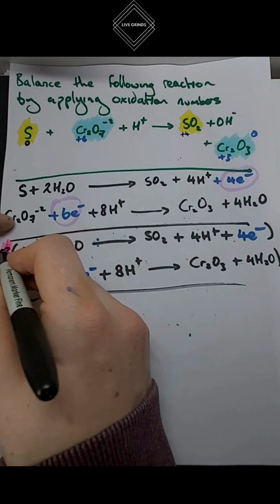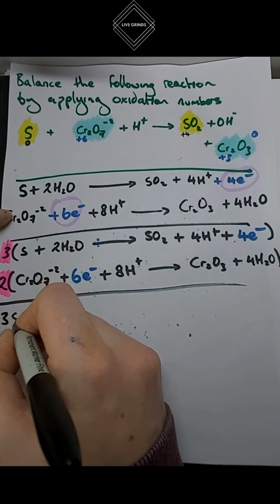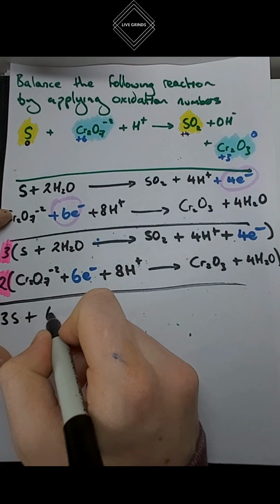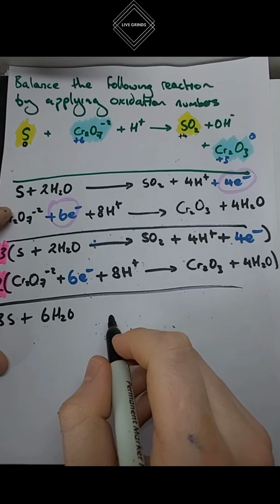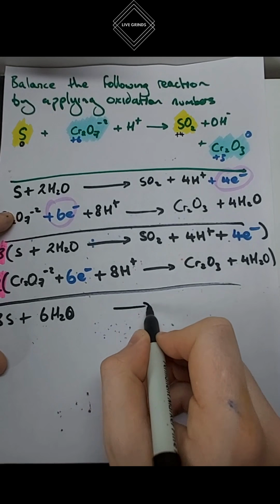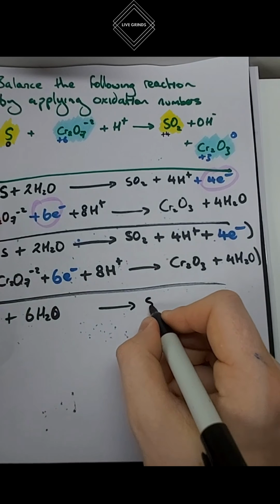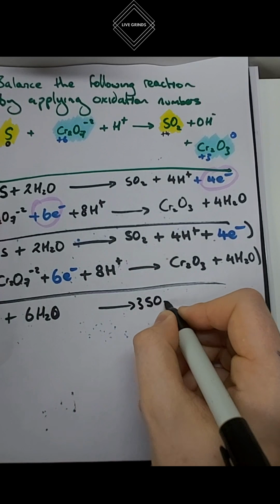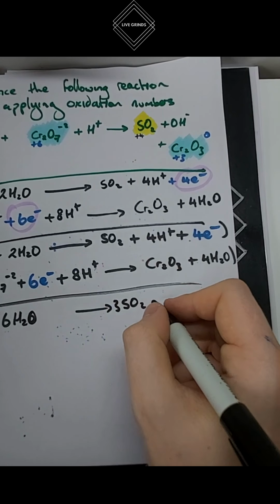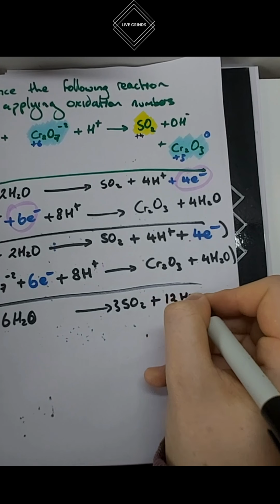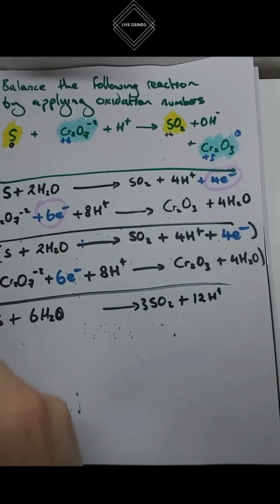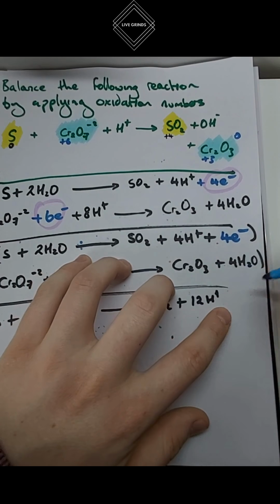So then I have 3 by S is 3 sulfurs, 3 by 2, 6 lumps of water. I'm left with 3 by sulfur dioxide is 3 sulfur dioxide. 3 by 4 is 12 protons. 3 by 4 is 12 electrons.